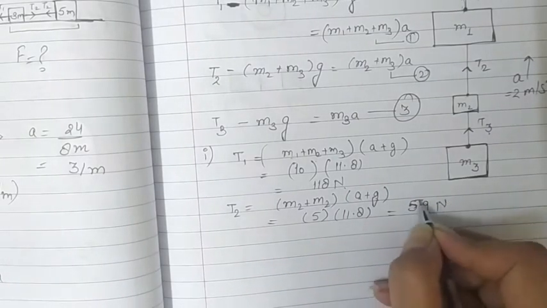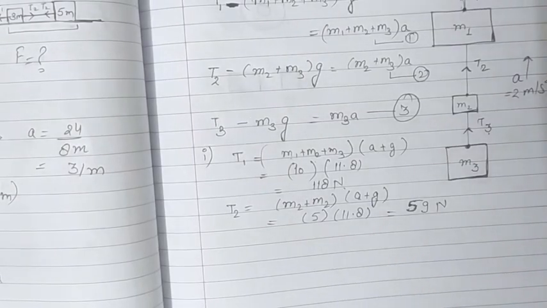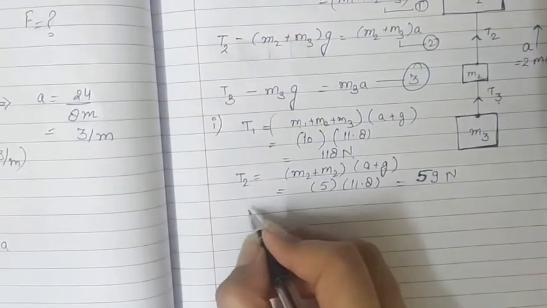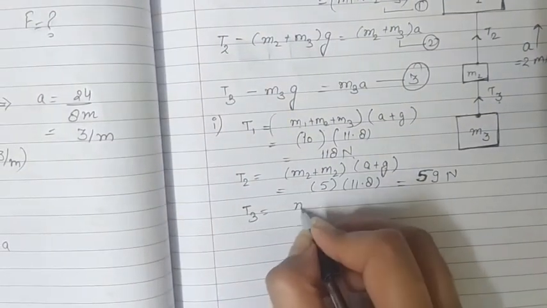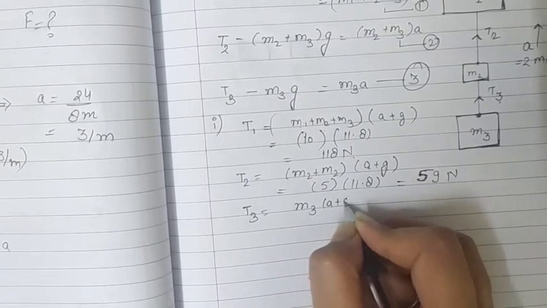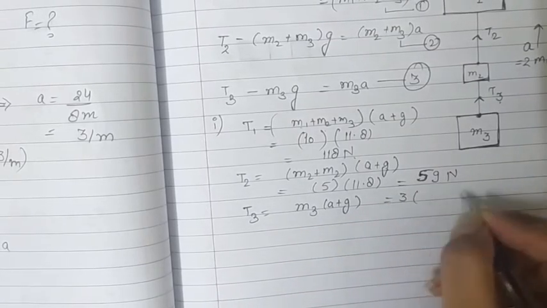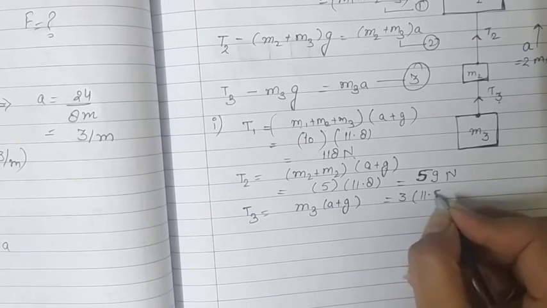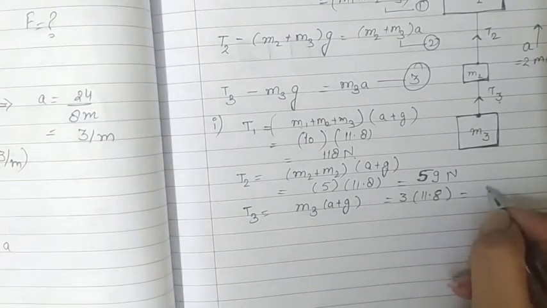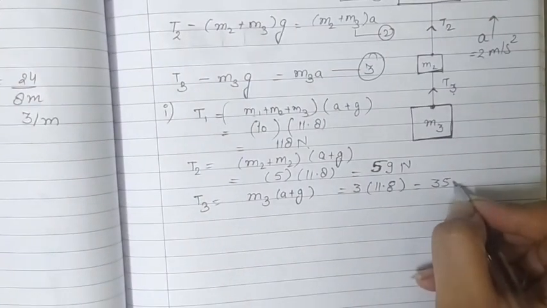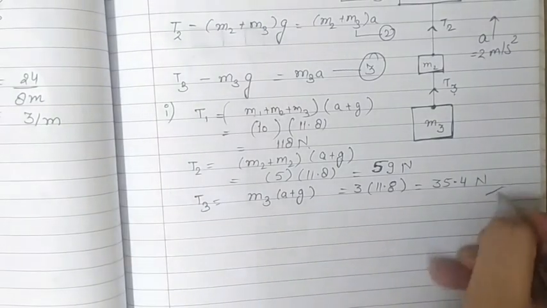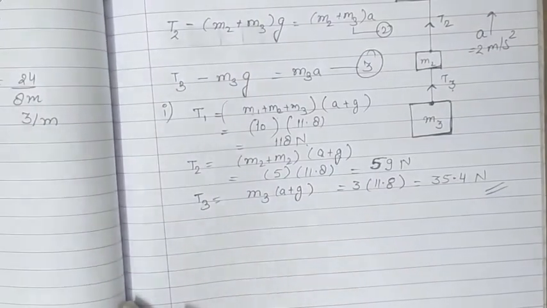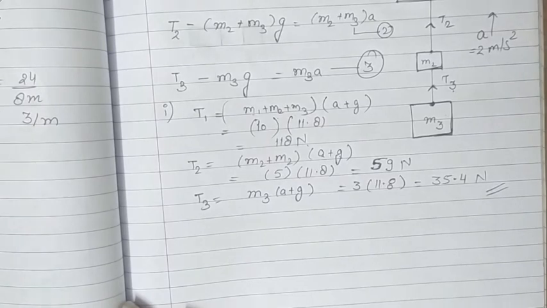If you solve this, you get 59 newtons. Now for T3, it is equal to m3 (a + g), that means 3 into 11.8, and the value for this will be 35.4 newtons. So these are the answers when the system is moving upwards with an acceleration of 2 meter per second square.